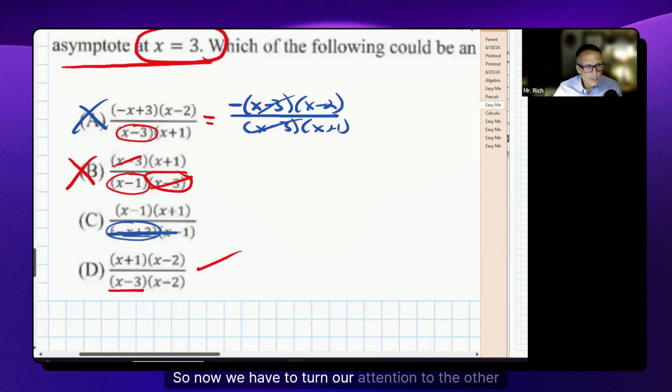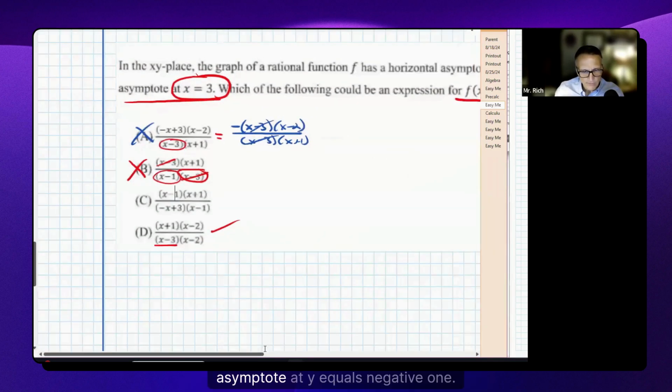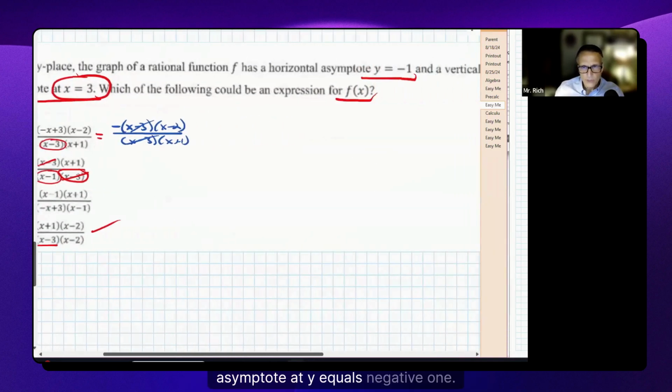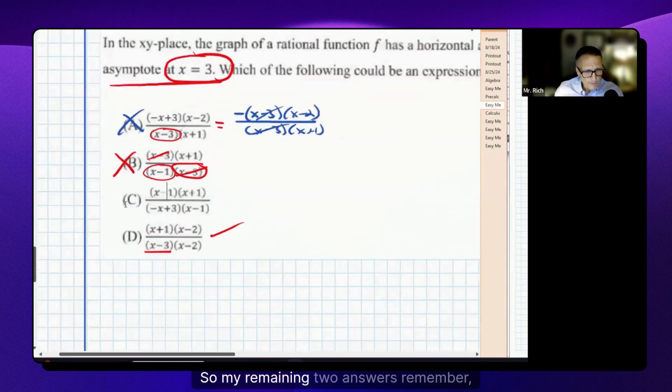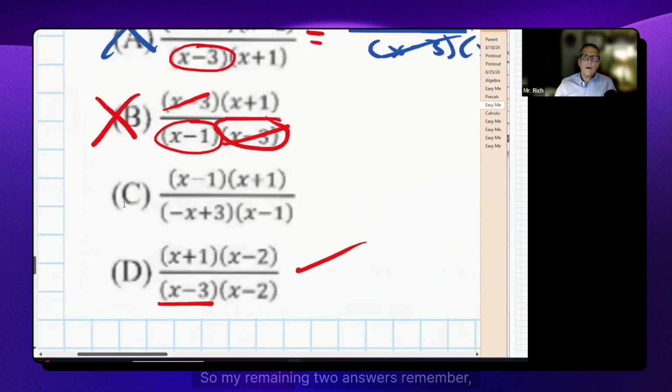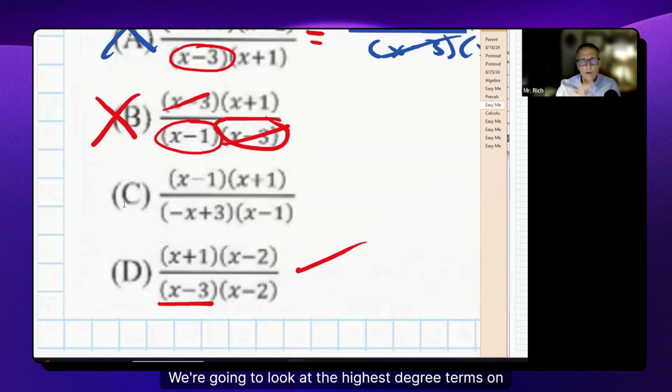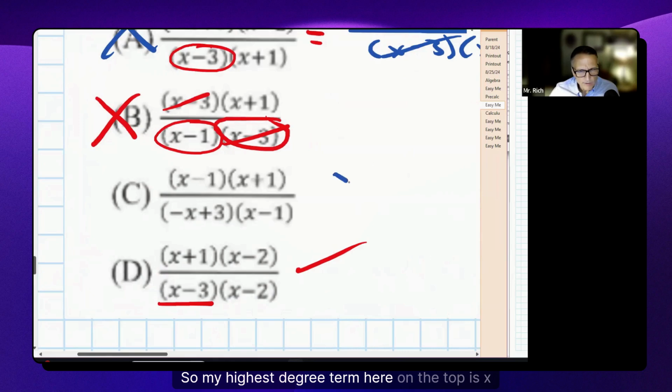So now we have to turn our attention to the other criteria, and that was we have to have a horizontal asymptote at y equals -1. So my remaining two answers, remember, to determine horizontal asymptotes, we're going to look at the highest degree terms on both the top and the bottom. So my highest degree term here on the top is x squared.